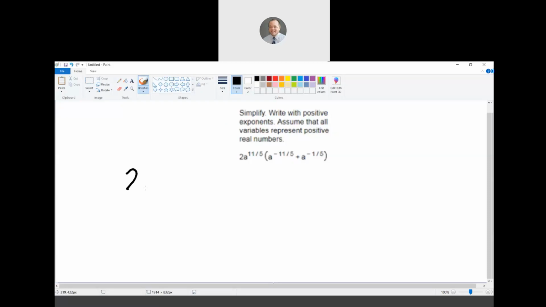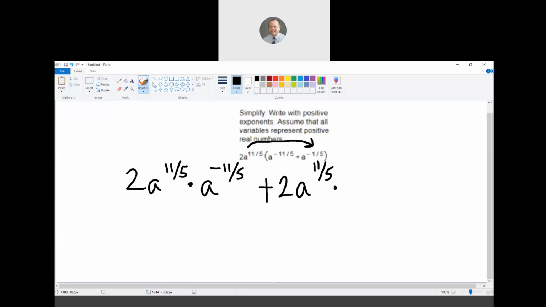So we have 2a to the 11/5 power times a to the negative 11/5 power plus, now I'm distributing the outside term to the second term, and we have 2a to the 11/5 power times a to the negative 1/5 power.